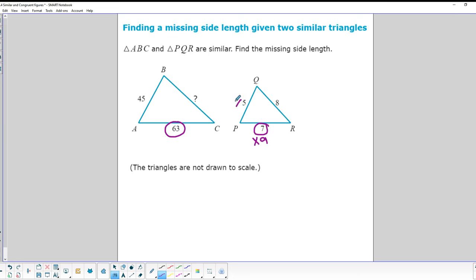If I times this by 9, I also get the 45. So if I times 8 by 9, I will get my missing side with the question mark on it. 8 times 9 is 72. So that's going to be a 72 length on that triangle to make these similar.